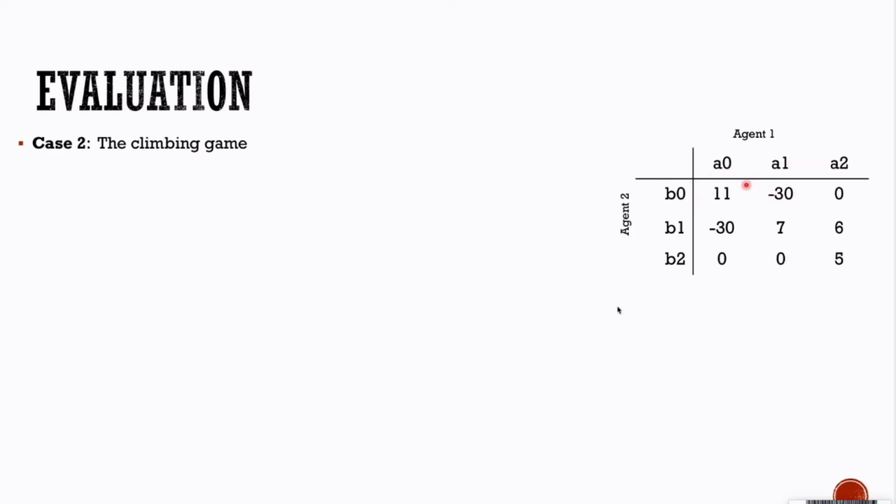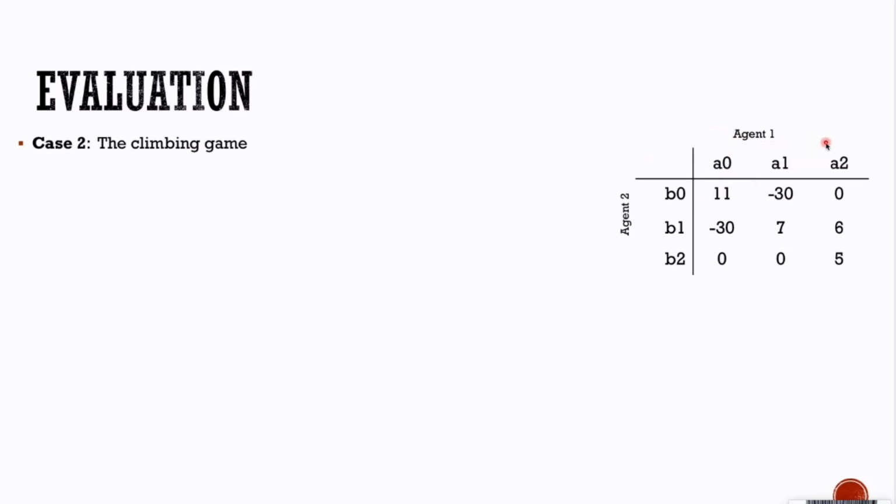So how do they proceed? At the beginning of the training process, each agent has no knowledge, so they randomly explore the three actions they have. Agent one will pick the actions randomly, A0, A1, and A2.